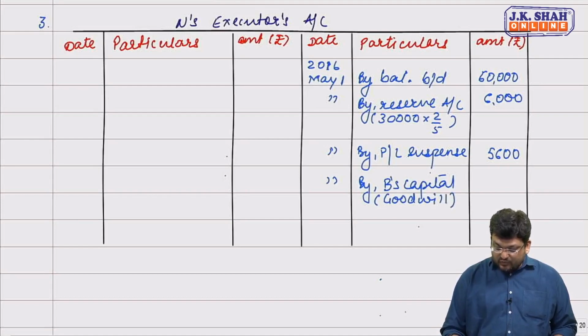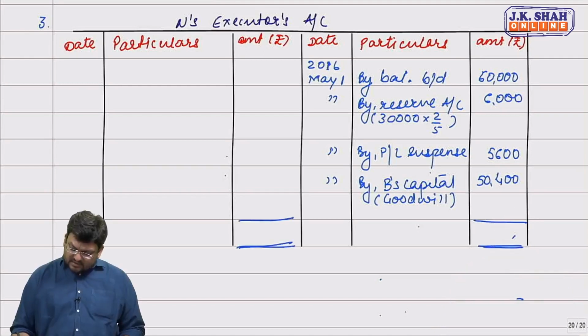And his share of goodwill came to 50,400. The balance now remaining in his account is 1,16,000. That balance will be transferred to his executor's account.